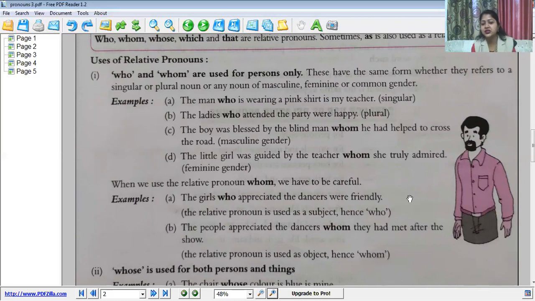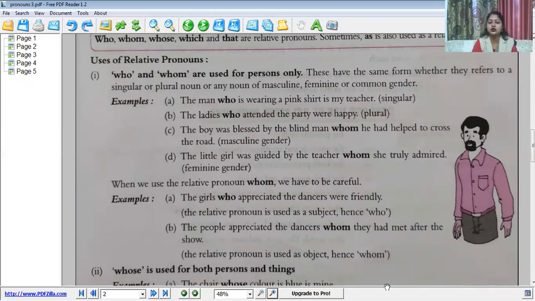Now here the subject is people, so we're not talking about the people here. Here we're talking about the dancers, so we have used whom in that place. The relative pronoun is used as object, hence whom. When we are talking about the subject, we use who, and when we are talking about the object, we use whom.